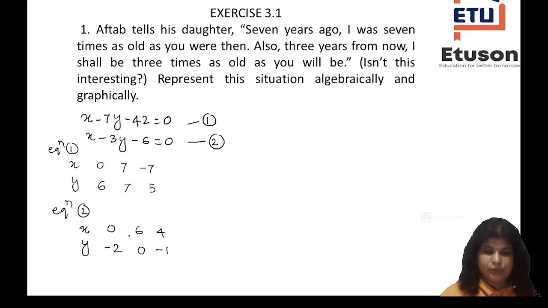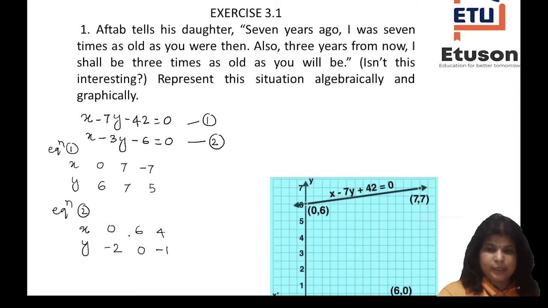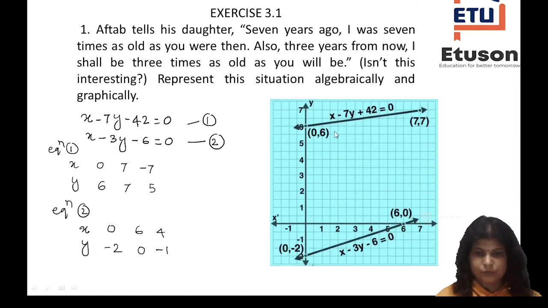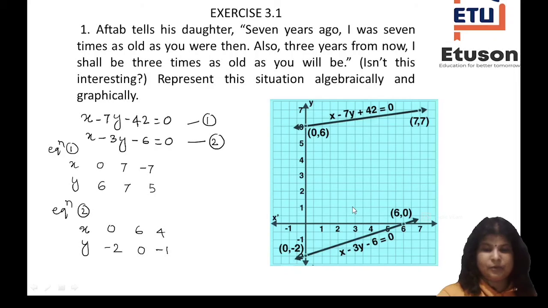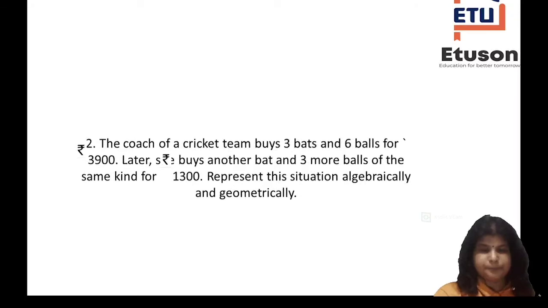Correct or not? So now if you plot the graph, your graph will look like this. I have taken these 2 points 0, 6 and 7, 7, and here I have taken 0, minus 2 and 6, 0. So these are the two equations of one pair of linear equations. Correct, children? So now let us go for the second one.